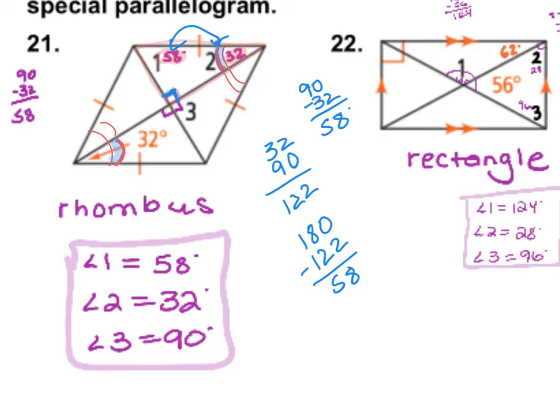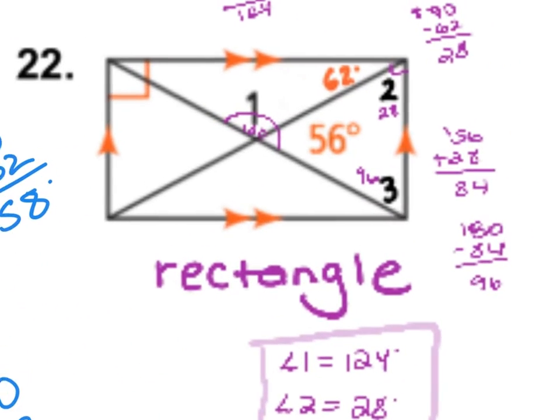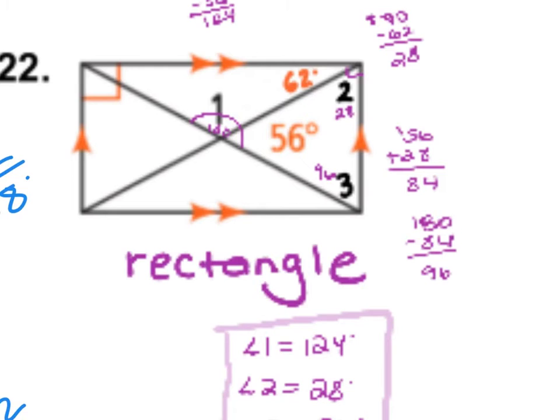22 is a rectangle because it is a parallelogram with right angles. In a rectangle, I know all 4 corners are a right angle, and I know the diagonals are congruent. So probably the easiest one to find for me would be this one, because those 2 have to add up to 180.